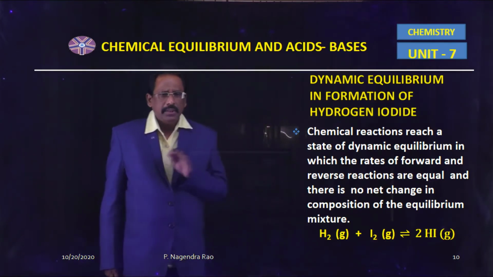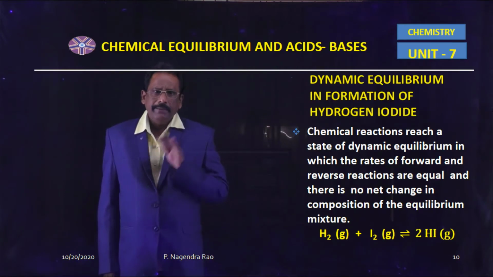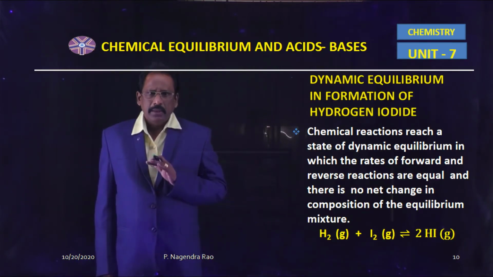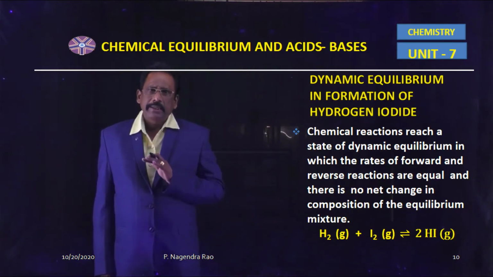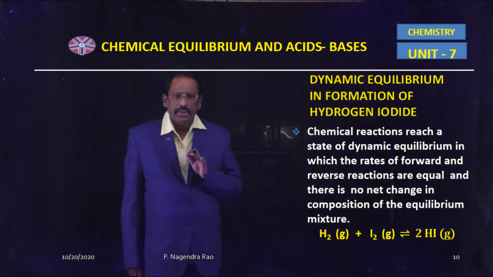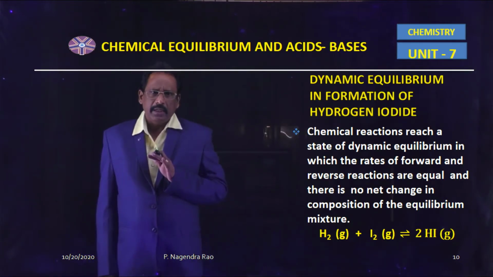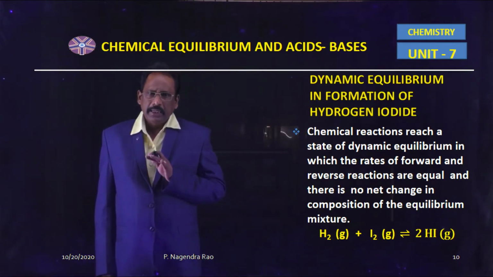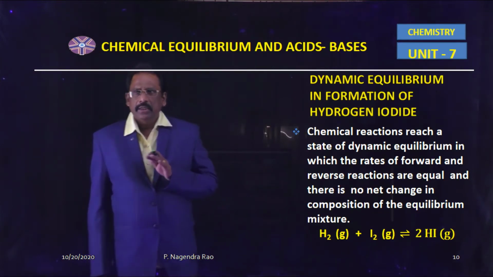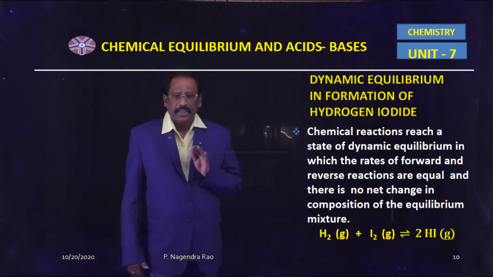If this is in a closed system, the chemical reaction reaches a state of dynamic equilibrium in which the rate of the forward reaction and backward reaction are exactly equal, and there is no net change in the composition of the equilibrium mixture.